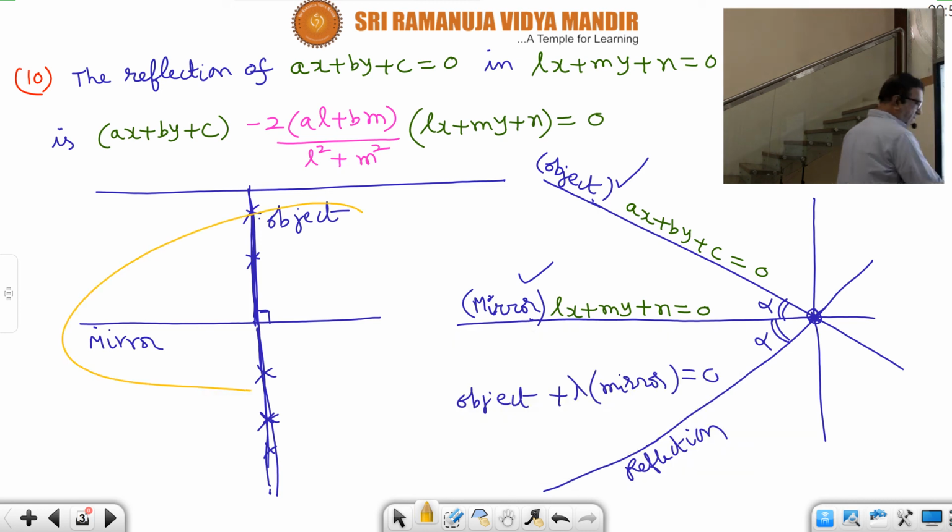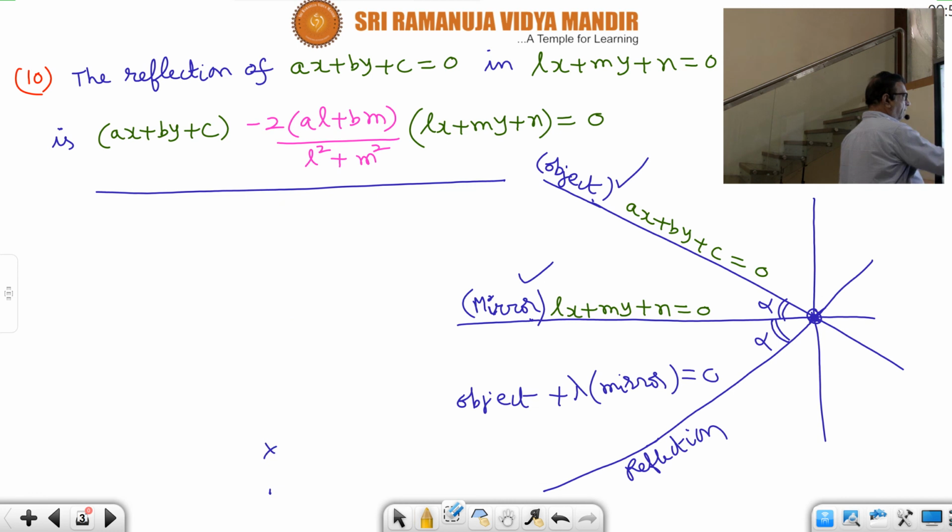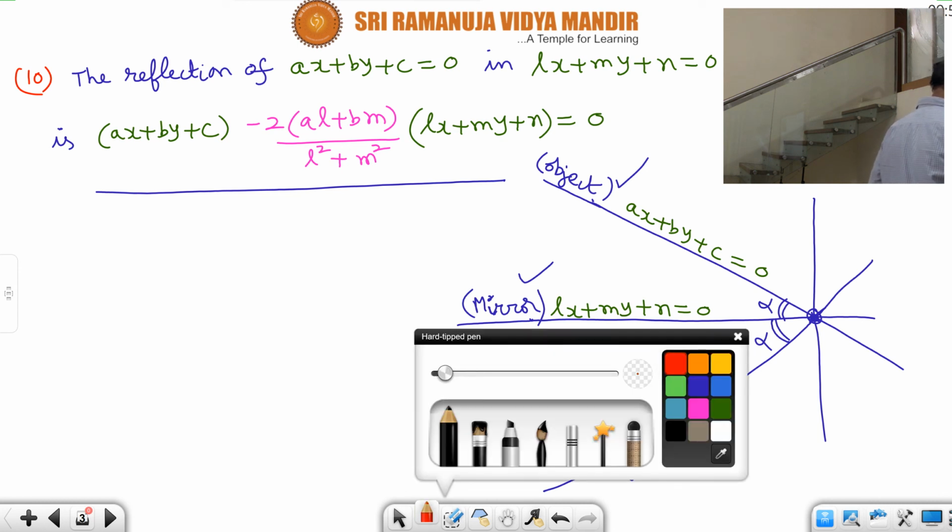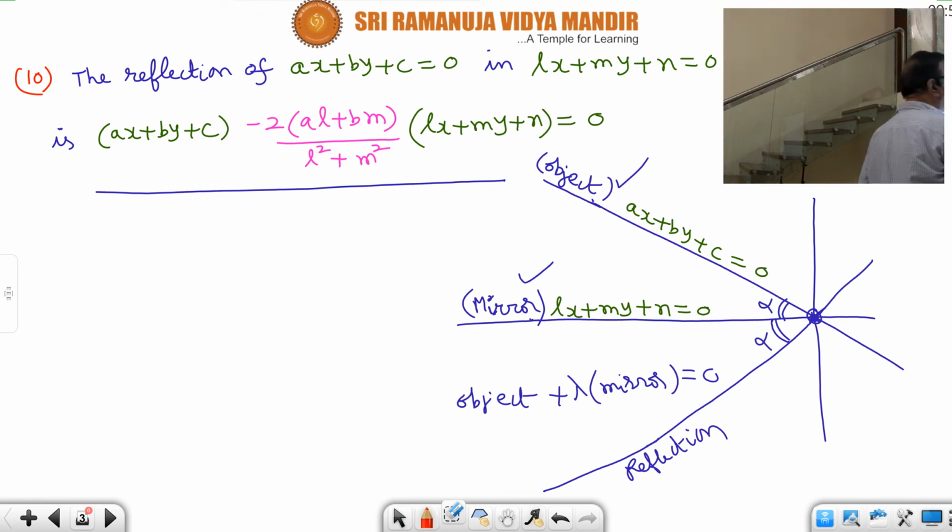I remove this. Parallel means what? I remove this mirror and put a new mirror there, which is parallel to the object line.